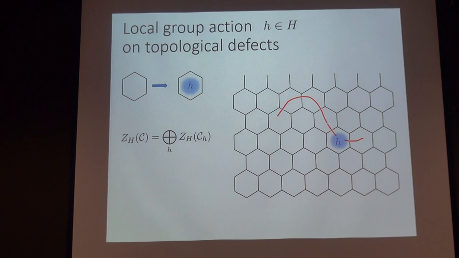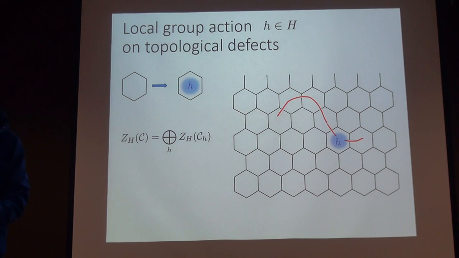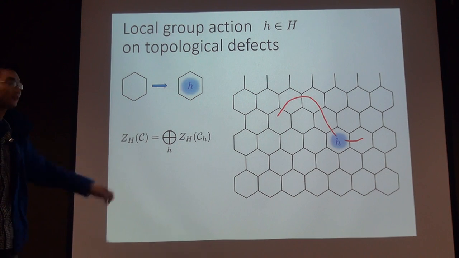So to understand this phenomenon, it may be complicated, since what we only know is that before this local action, before we attach this Z2 flux at each plaquette, we have the quantum double of Z2. But after this extension, what do we do with these new quasi-particles?